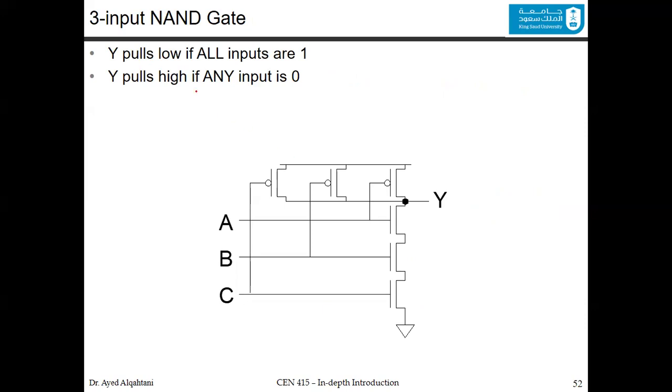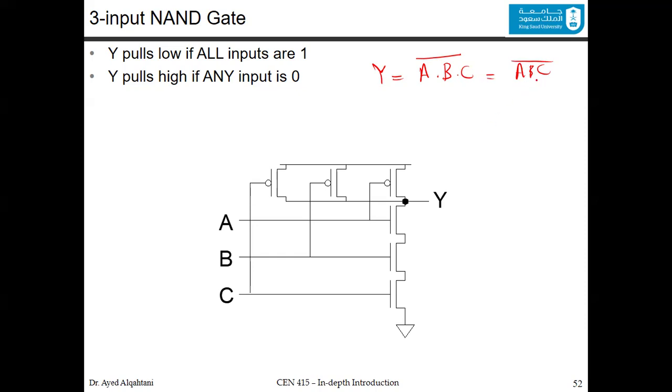If you were asked to build a 3-input NAND gate, the function here is (A and B and C) all bar, or you could write it as A, B, C, all bar.